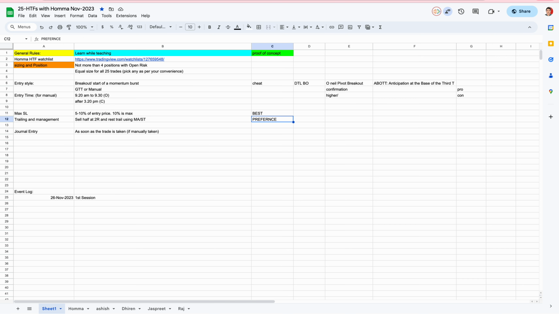It's your preference. Journal entry. Now this is very important and non-negotiable. As soon as you take the entry, and hopefully the entries are not like 10 entries a day, right? Maximum will be like 1-2 entries at the beginning. So you enter your journal as soon as possible. This is non-negotiable, right? At the end of the day, when I log your trades, your trade should be there.